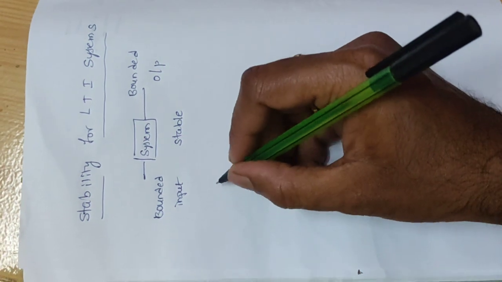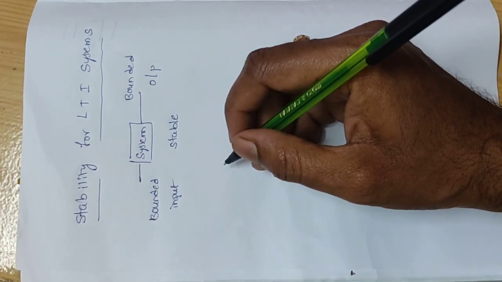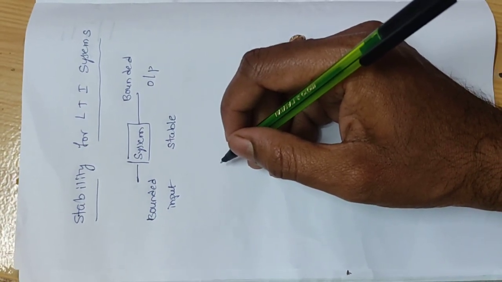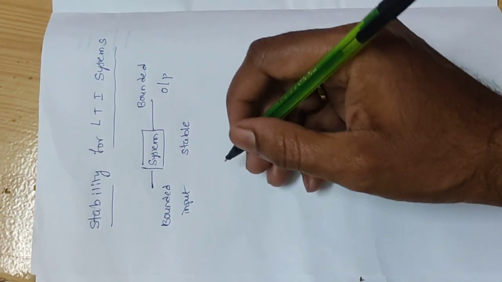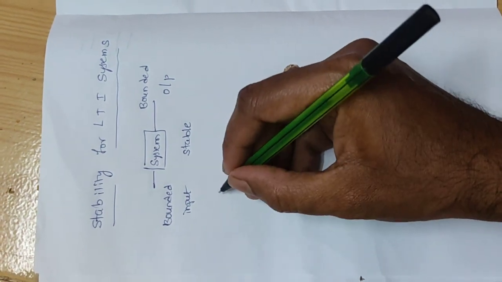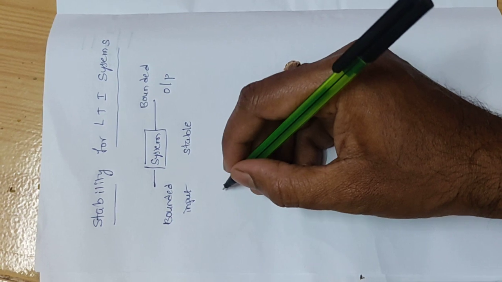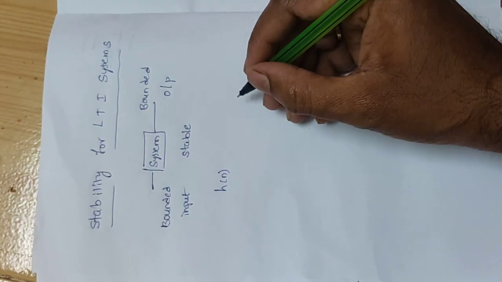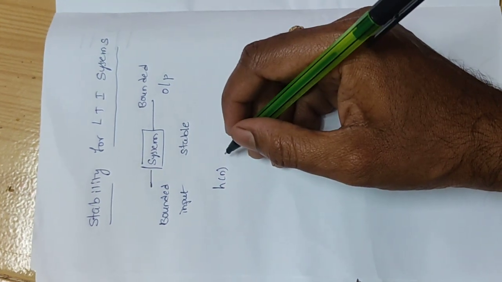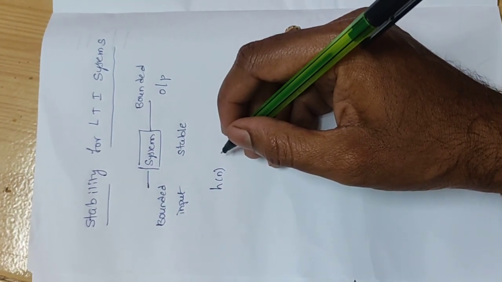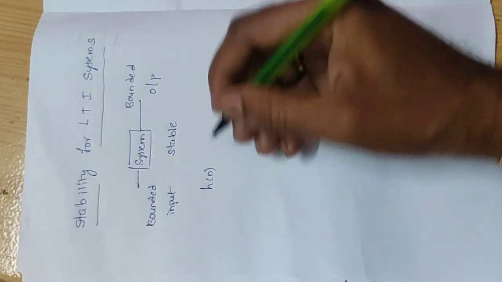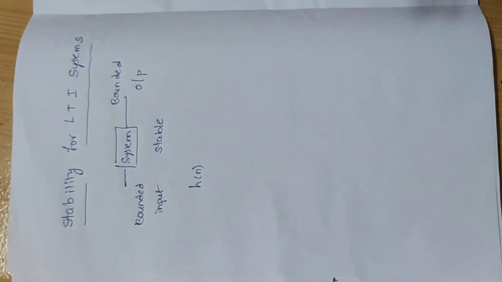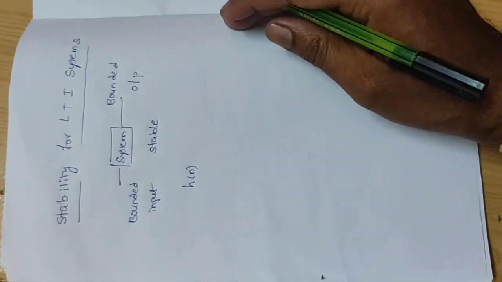Now we shall derive a condition on the impulse response that guarantees the stability of an LTI system. By looking at the impulse response h of n, we would be able to say whether the system is stable or unstable. For that purpose we shall use the convolution sum.